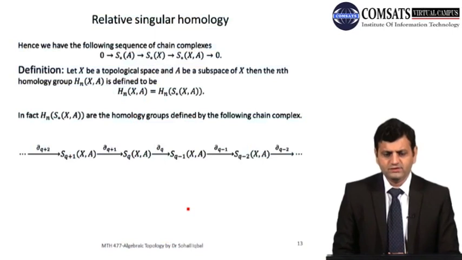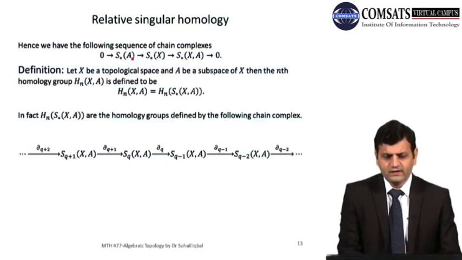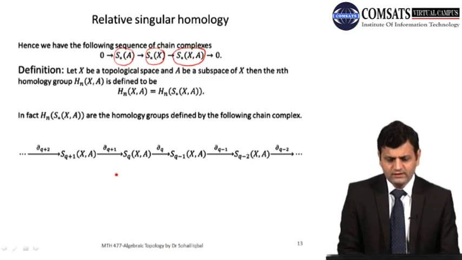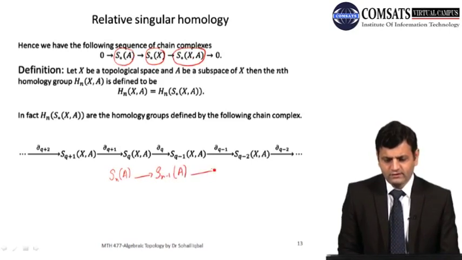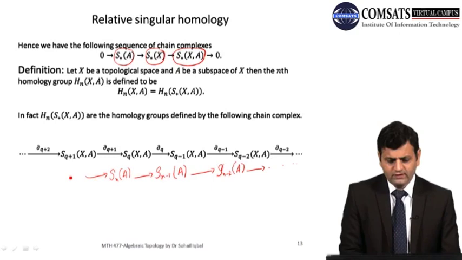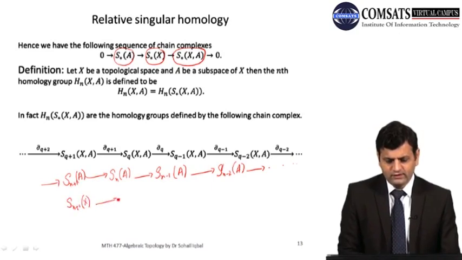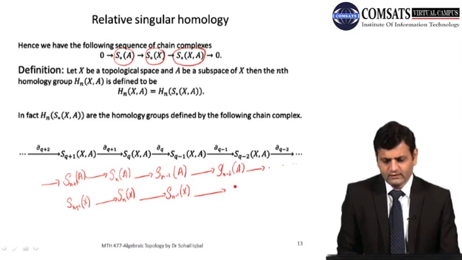Now we can define this short exact sequence of S star A, S star X, and S star X relative to A. Let me write it down quickly: we have Sn A, Sn minus 1 A, Sn minus 2 A, and so on, coming from Sn plus 1 of A. Then if we go lower, we have Sn plus 1 X, Sn X, Sn minus 1 X, Sn minus 2 X, and so on.